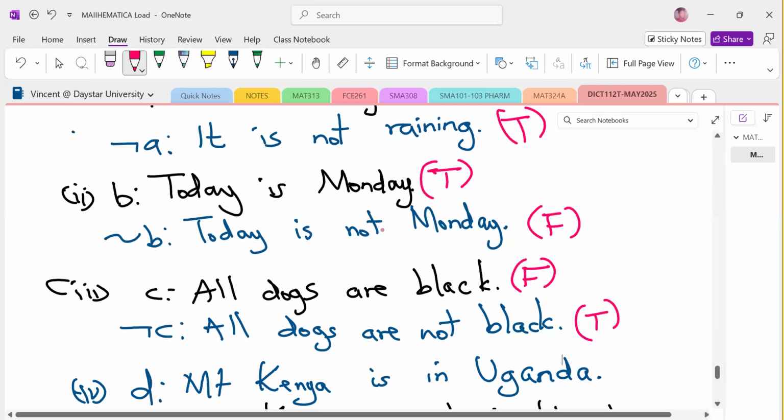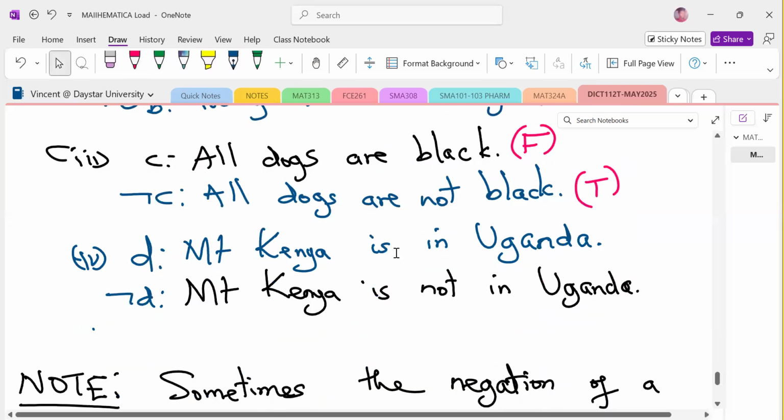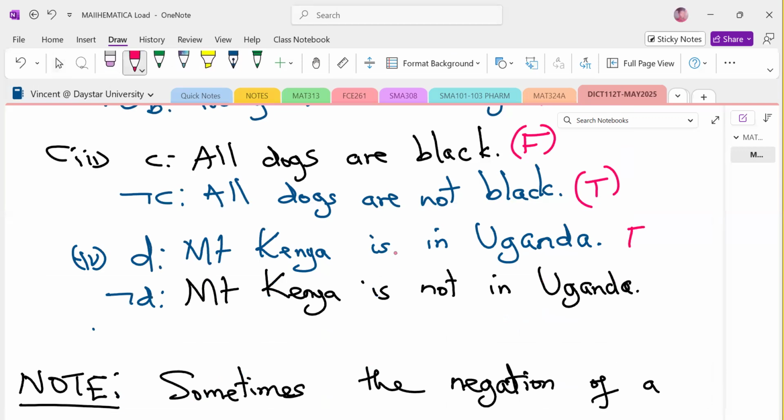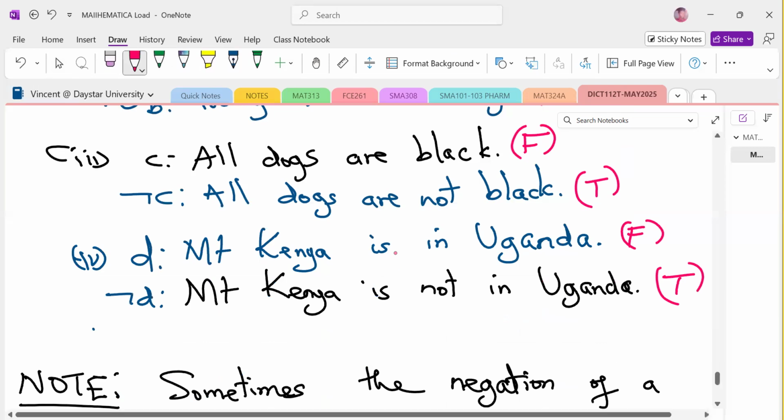Then Mount Kenya is in Uganda, true or false? False. Now, when you say Mount Kenya is not in Uganda, true. So from these 4 examples, what can you say in terms of the truth value of a statement and its negation?